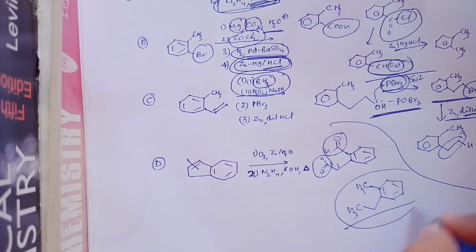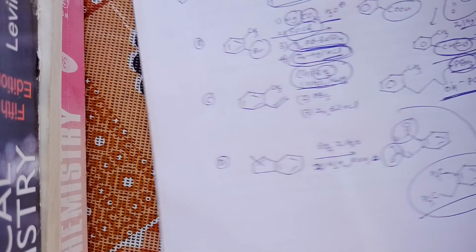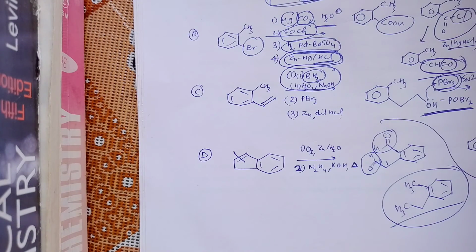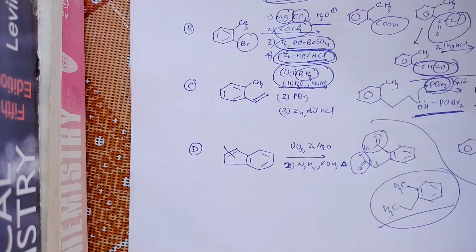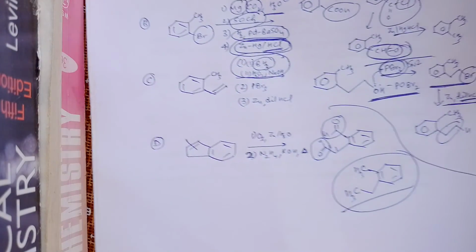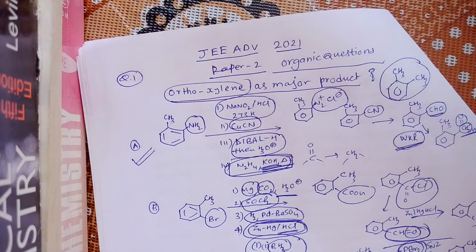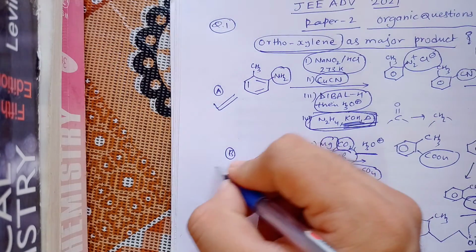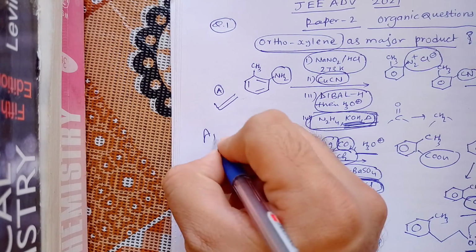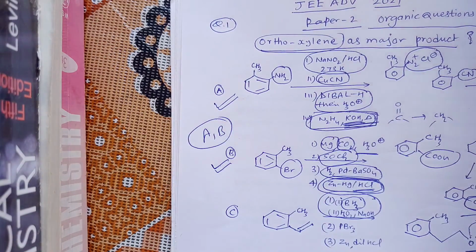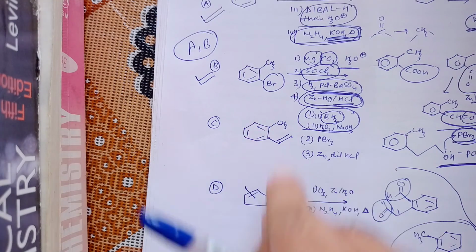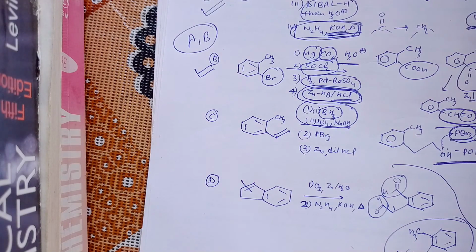So again in options C and D we are getting ethyl methyl benzene. Properly speaking, 1-ethyl-2-methyl benzene, but they are asking about 1,2-dimethyl benzene. So the correct options are A and B for this question number 1. Had they asked about ethyl methyl benzene, then C and D would have been the correct options.